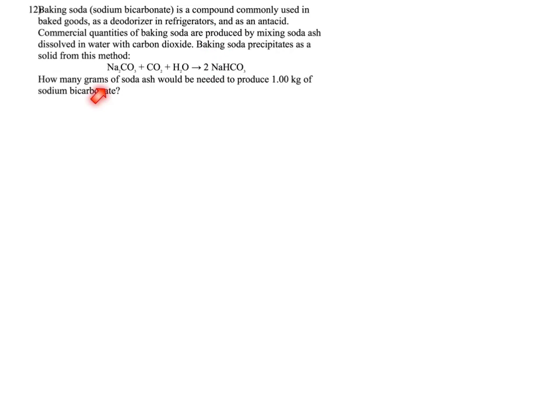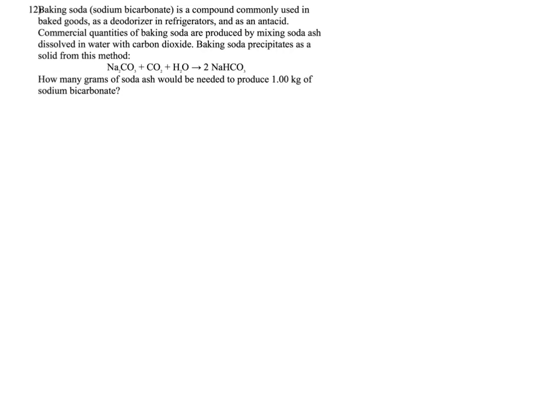And it says, how many grams of soda ash would be needed to produce 1 kilogram of sodium bicarbonate? Okay, so remember, sodium bicarbonate is baking soda. That's this formula here. And we're trying to figure out how many grams of our soda ash, Na2CO3, we would need to be able to do this.